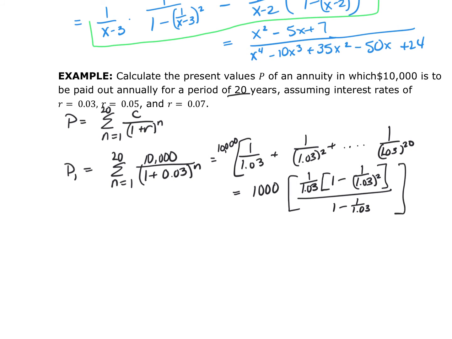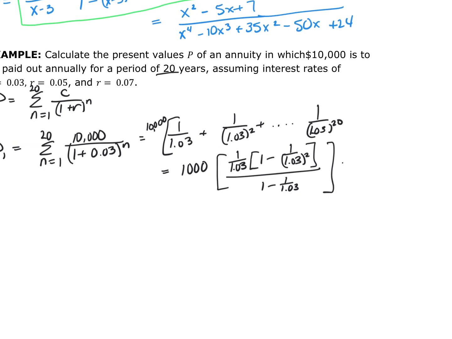And my final answer, if I want to have $10,000 a year for 20 years, I need to have an initial investment of $148,774.70. So that's how much money I need to invest to begin with.